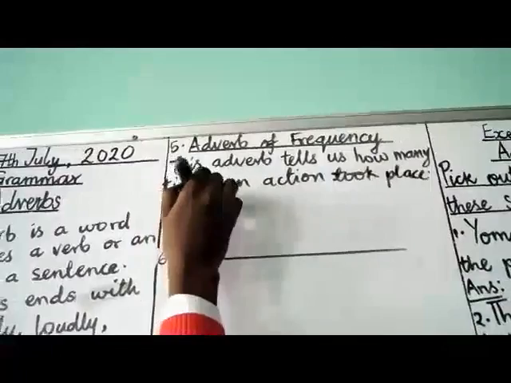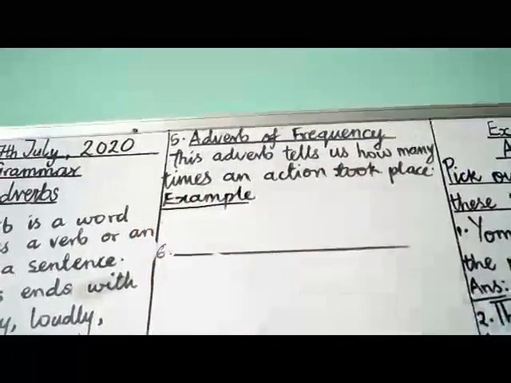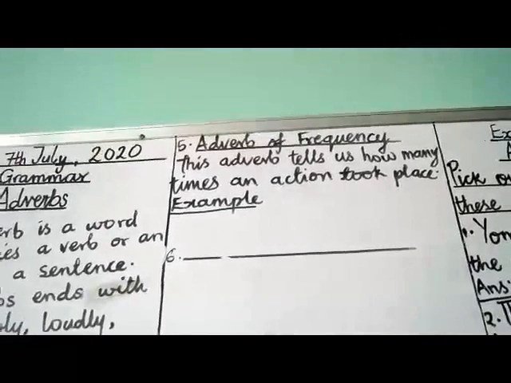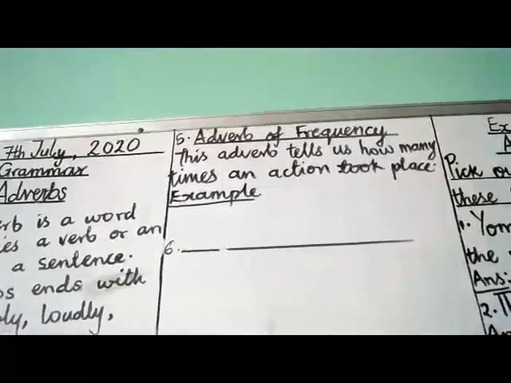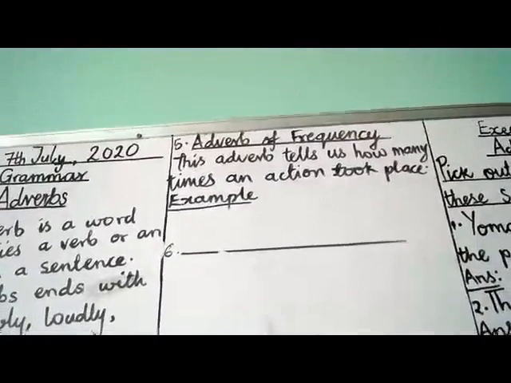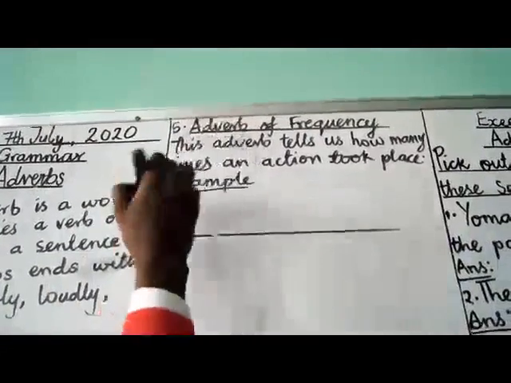Now let's look at an example of an adverb of frequency. An example here will be we eat rice every day, or we always eat rice. Let me put it that way. We always eat rice on Sundays.